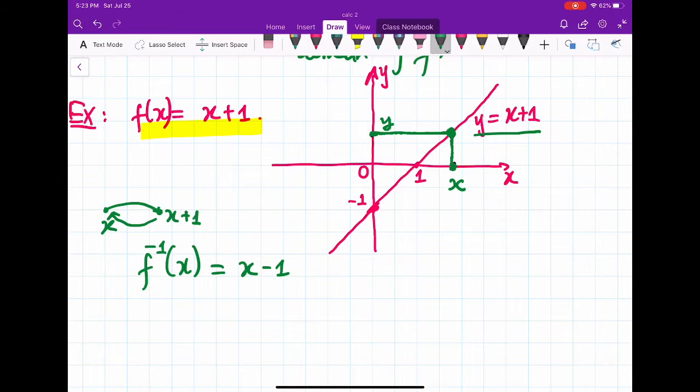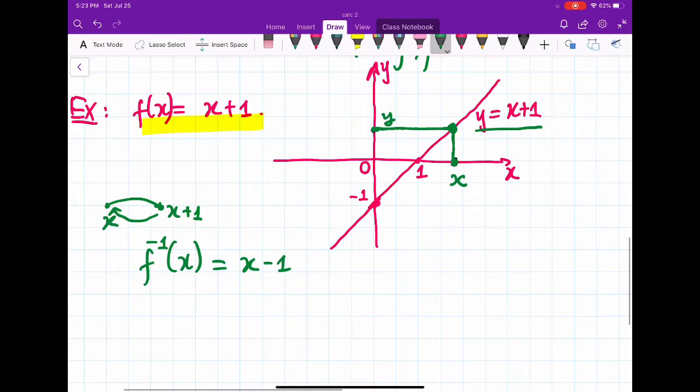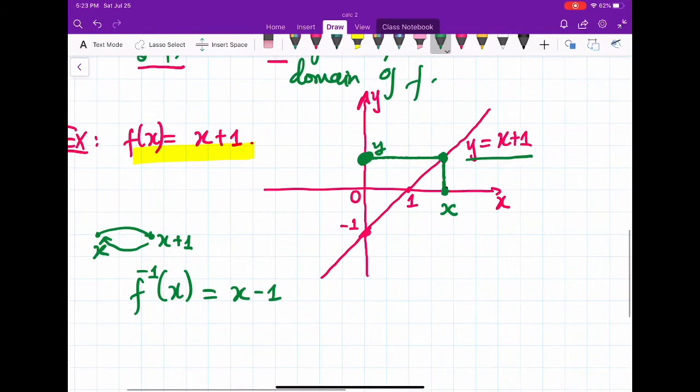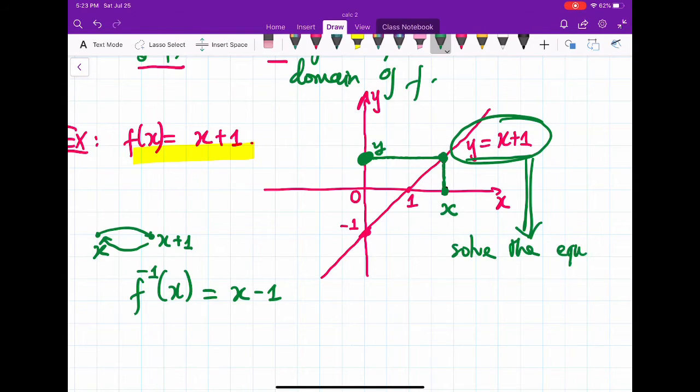Then, if you want to go back to the x from the position of y, you need to make a horizontal line, and that intersects the graph at some point, then you go back to the x. So it is like you rotate the system of coordinates. That means you need to solve this equation with respect to the x.